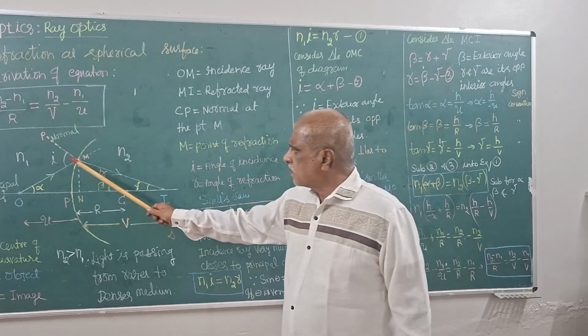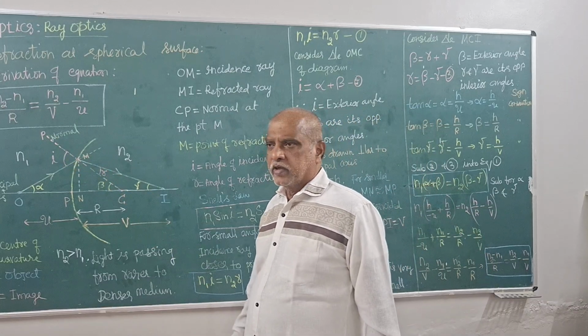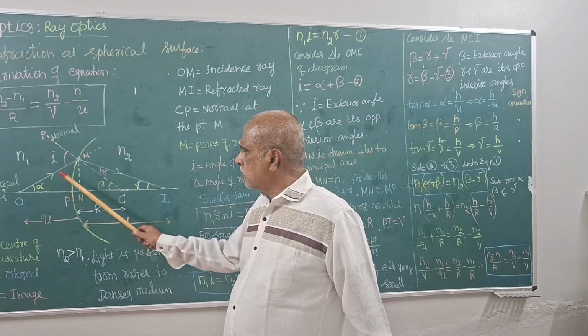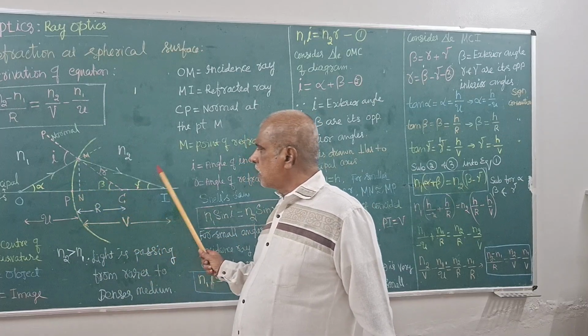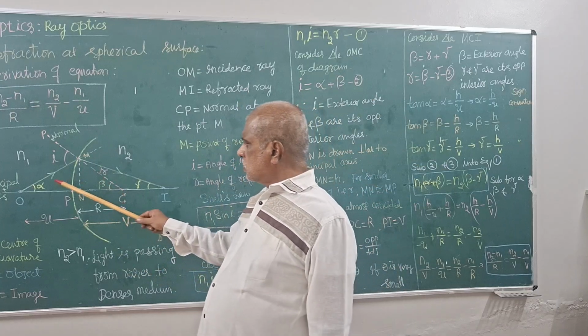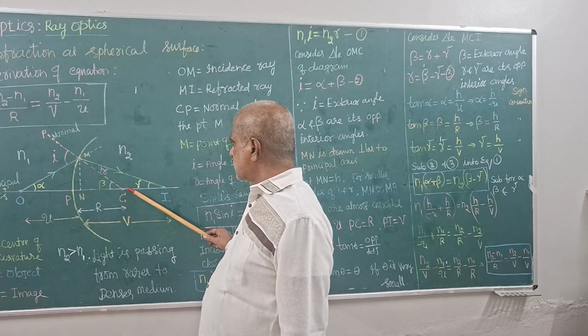And this angle i and this angle r, we can write in terms of the angles alpha, beta, gamma. What are these angles? These are the angles made with the principal axis.